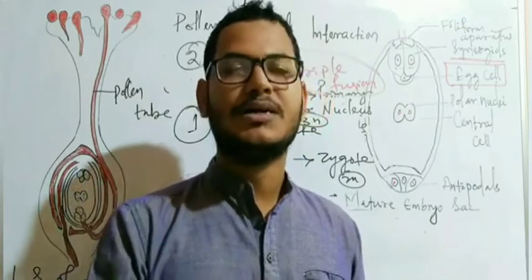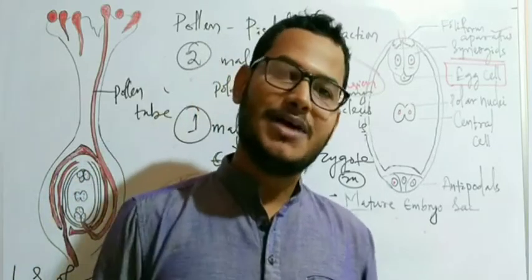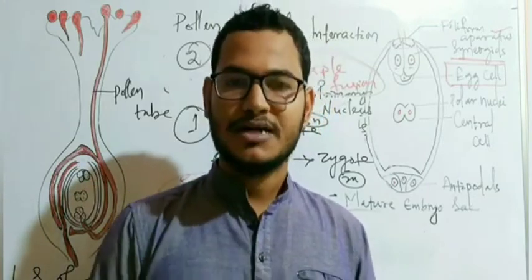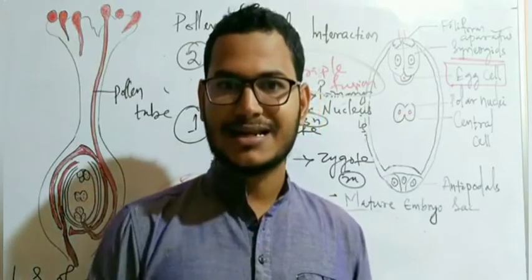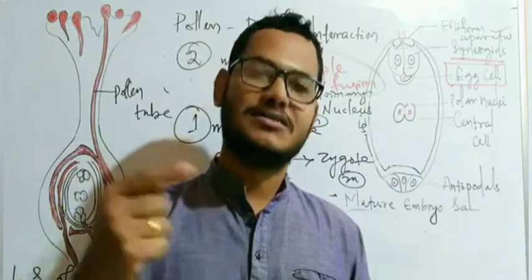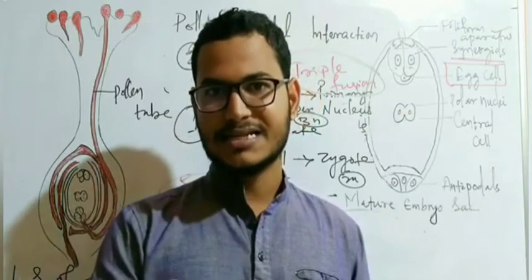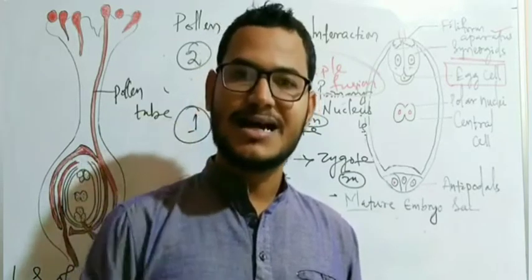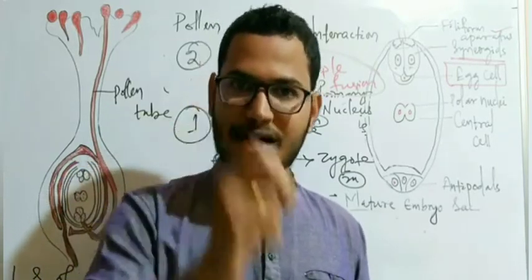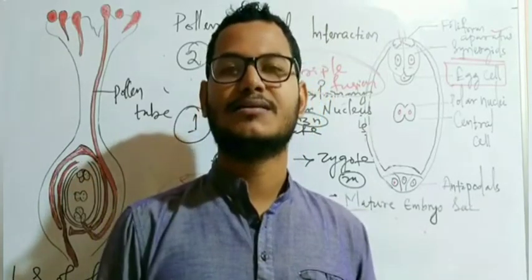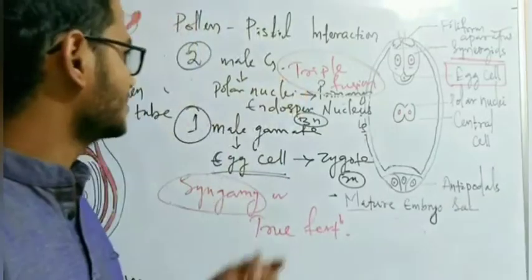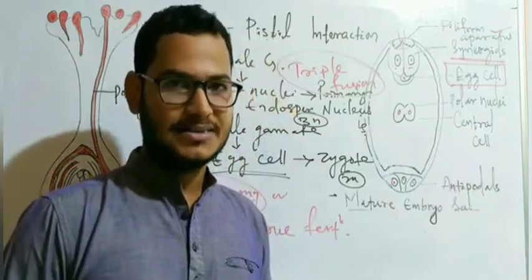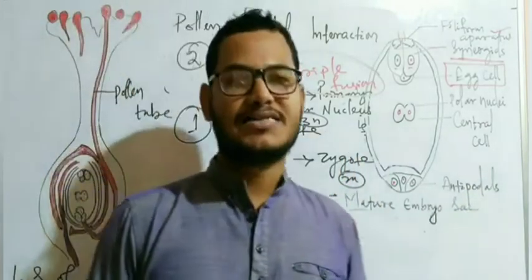The first male pronucleus travels towards the egg cell and fuses with it, forming the zygote by syngamy or true fertilization. The second travels towards the 2 centrally located polar nuclei and fuses with them, forming a triploid cell known as the primary endosperm nucleus, which develops into endosperm. This fertilization is known as triple fusion.